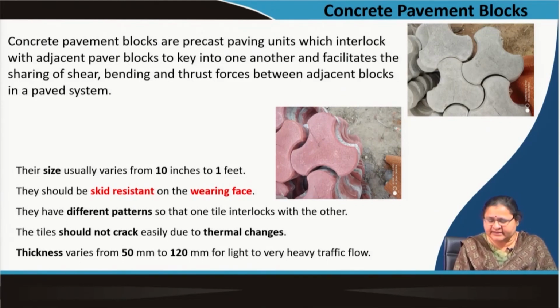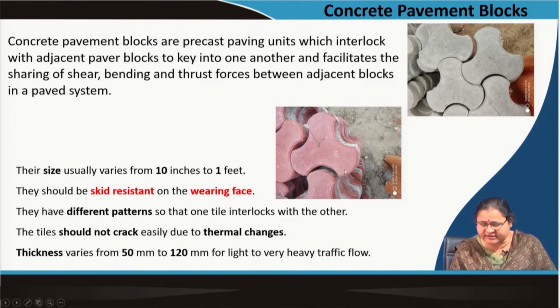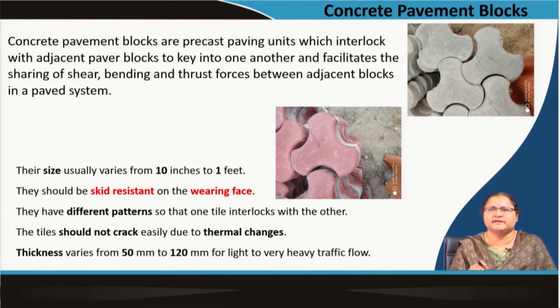If you observe the pictures taken from site, you can see lots of dot-like impressions on top of it, which makes it skid resistant. It is the wearing face, because you are always walking on this face.